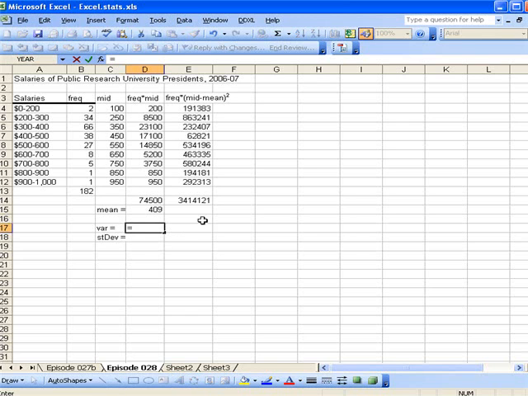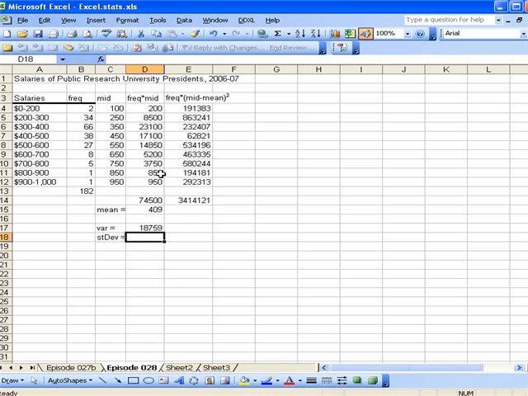So we'll take the sum that we calculated and divide by the total number of data points. Now, in doing that, I'm sort of assuming we have an entire population. The formula says that if we have a sample, we should divide by one less, in other words, 181. Well, dividing by 181 versus 182 is not going to be very significant here.